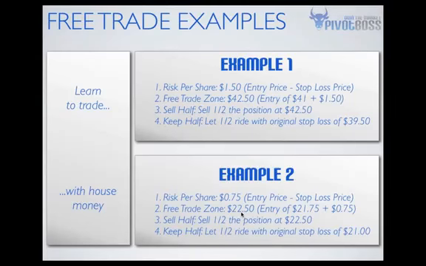You now have a free trade. Basically what we're learning to do here is we're learning to trade with house money. And that's very important and a very powerful concept.